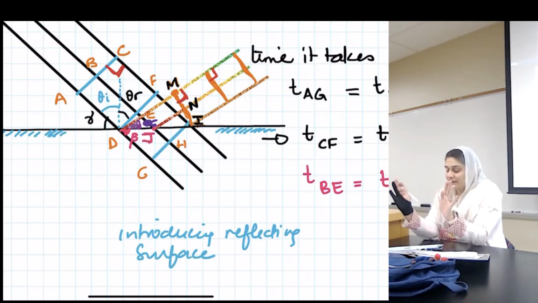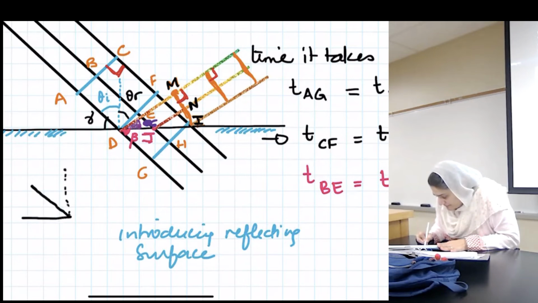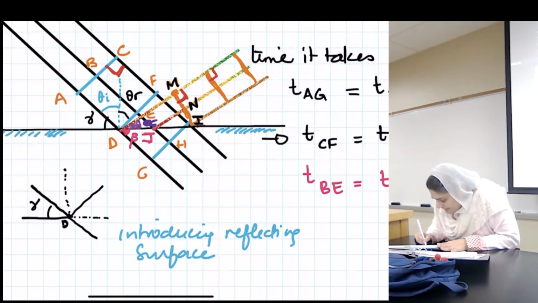Okay, just pay attention. I'm going to redraw this so it's not that confusing. This is gamma. So I'm redrawing this part. So that's D. This is theta I. This is theta R. This angle I've just drawn, I've called alpha.